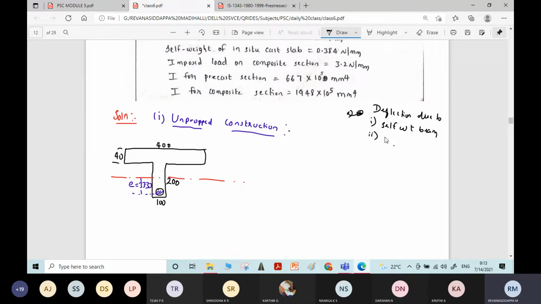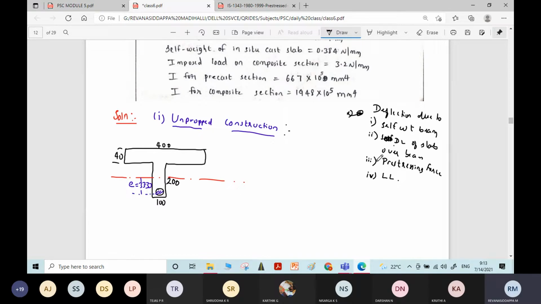Second one is deflection due to self-weight, or dead load, of the slab over the beam. That is the second deflection. And third, deflection due to pre-stressing force. And lastly, the deflection due to live load.